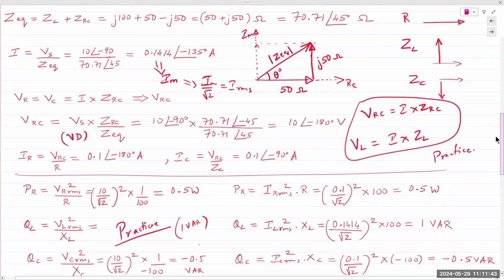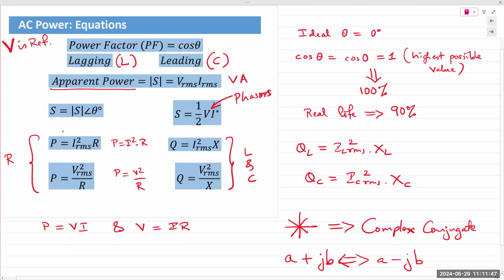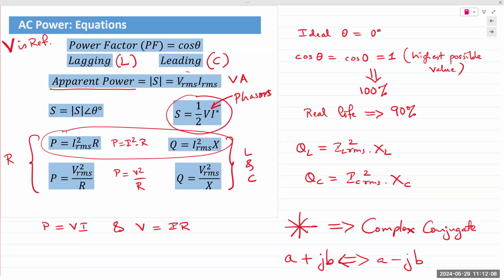Now, when you have the current, you can use these equations. V equals IR and P equals VI. If you wish to find power, you need either the voltage and current, right? If you have voltage and current for any component, you can find power using this expression.